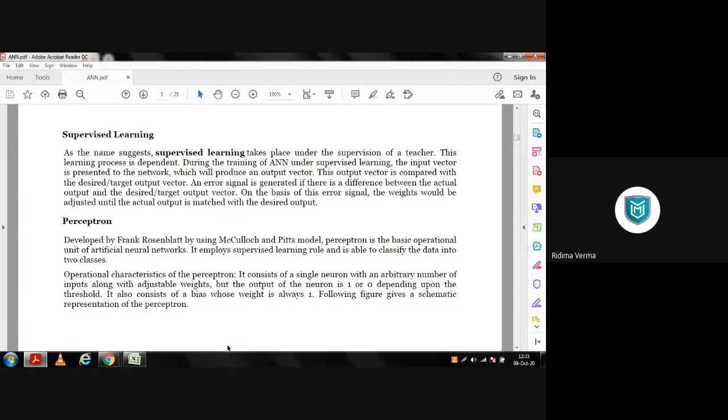An error signal is generated if there is a difference between the actual output and the desired or target output vector. On the basis of this error signal, the weights would be adjusted until the actual output is matched with the desired output. So this is something that we have discussed before also. Now they have just given it a formal language.